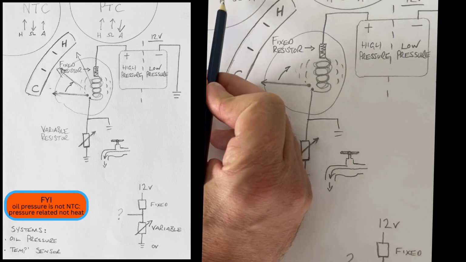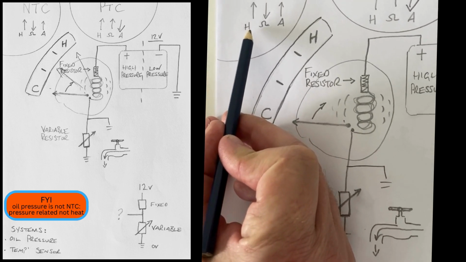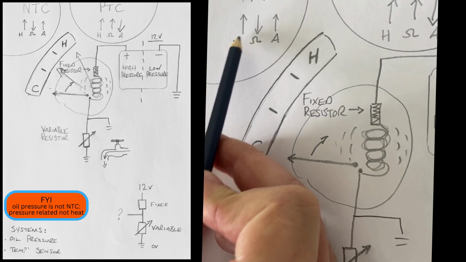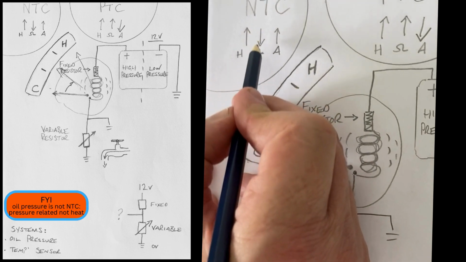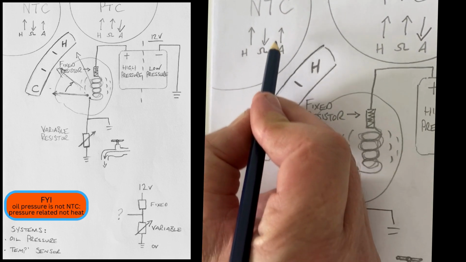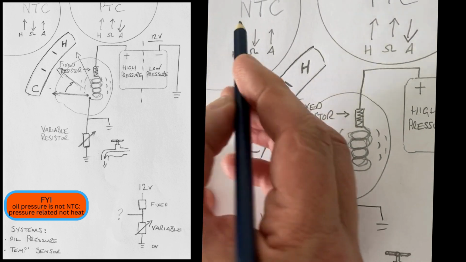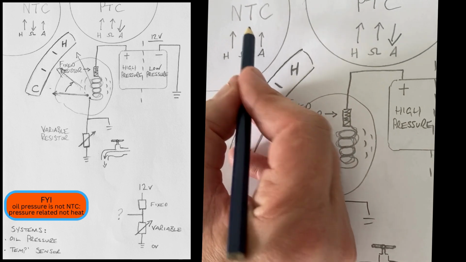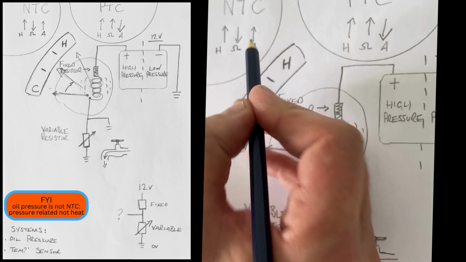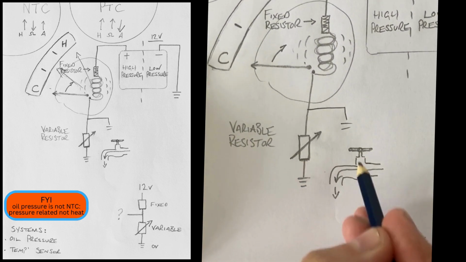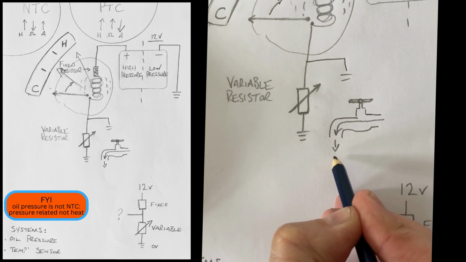Now, this is an NTC coolant temperature sensor, which means that when you apply heat to it, the resistance falls, so the current flow increases, which means that when it's cold, your resistance is high, so there's very little current flow. So this is what's happening. It's like a tap. When it's cold, this tap is just trickling little droplets of water.